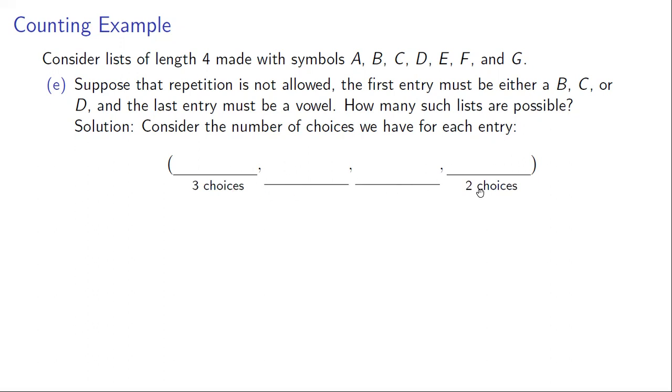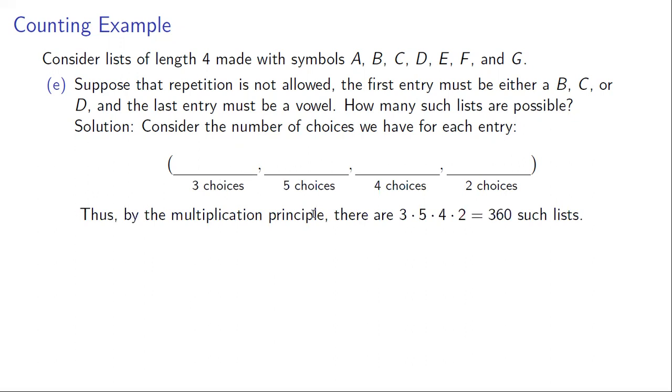We already used 2 letters, one for the first entry and one for the last entry. So for the second entry, we have 5 letters left, so 5 choices, and then 4 choices for the next one. By the multiplication principle, there are 3 times 5 times 4 times 2, which is 360 such lists.